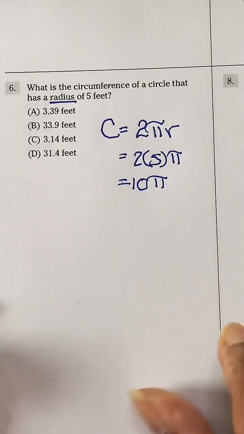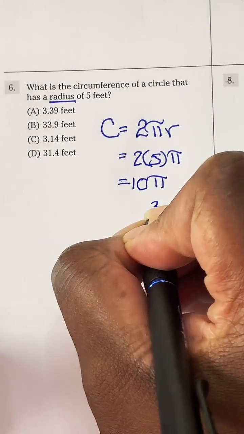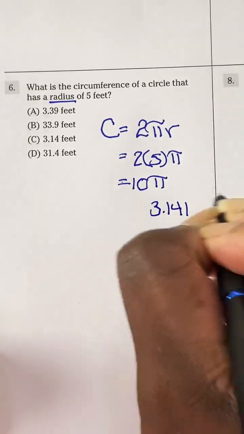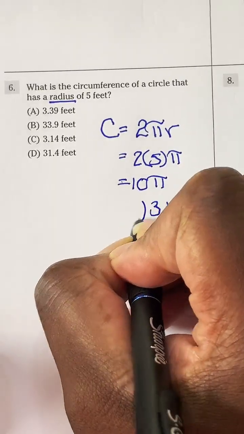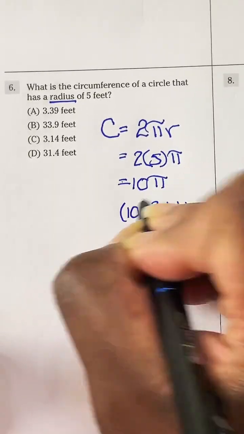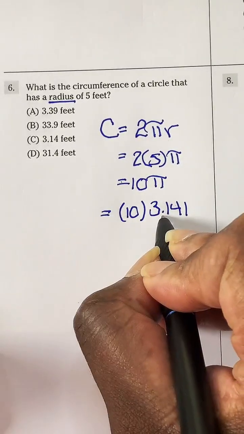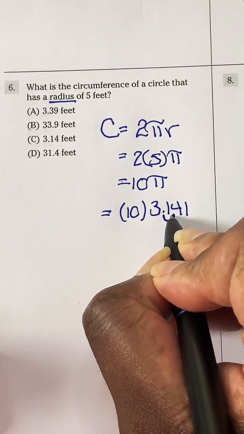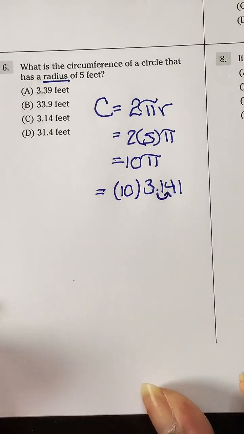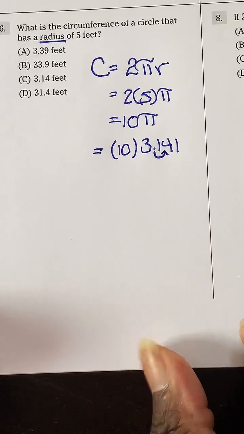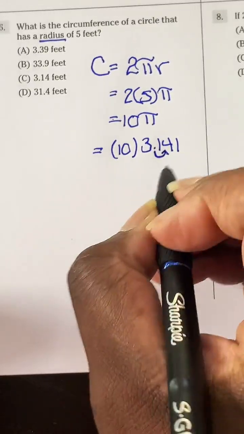But we know pi as 3.141, and there's a whole bunch more digits. If we're going to multiply this by 10, that means the decimal place is going to move 1 to the right. We're making it bigger. So we don't even have to do the whole thing.